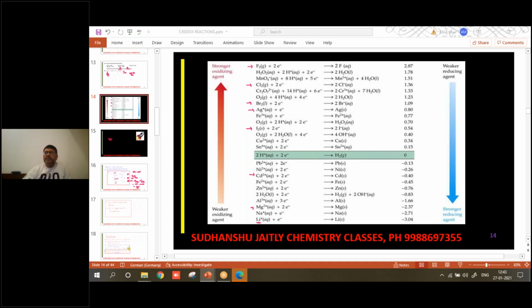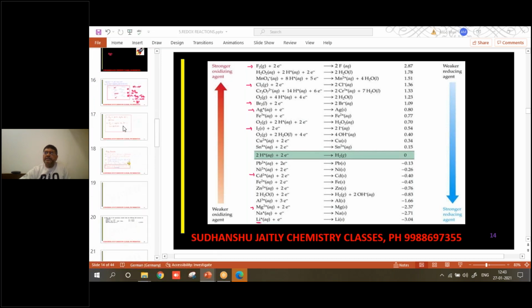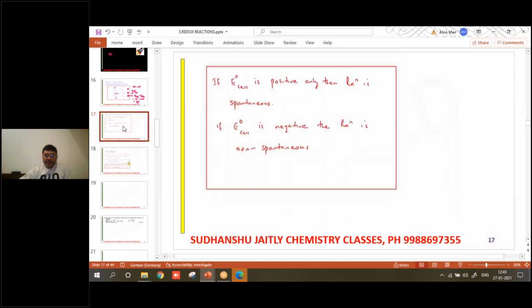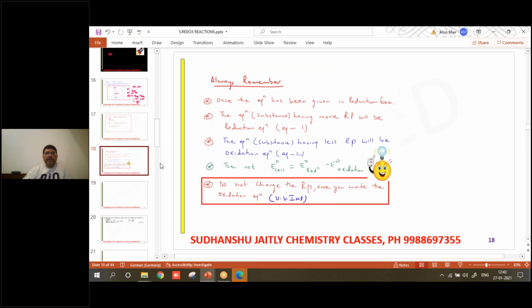Or maybe the examiner is going to ask, just lock one thing, whichever has the higher reduction potential, that will always be reduced. Always reduced. Okay? Remember, that has been taught to you already. Always remember, once the equation has been given in the reduction form, right?